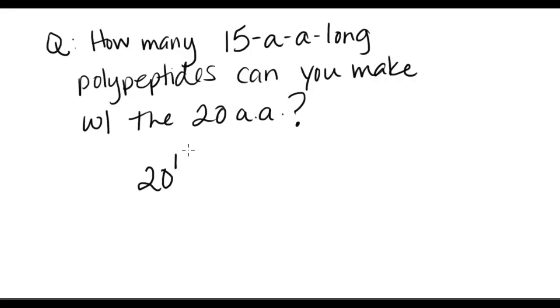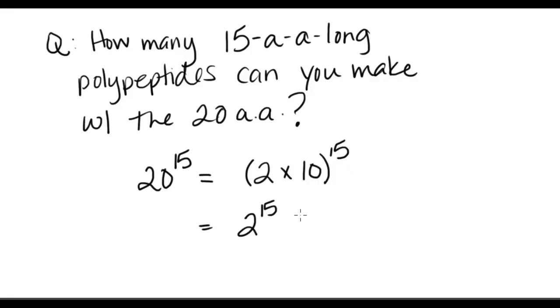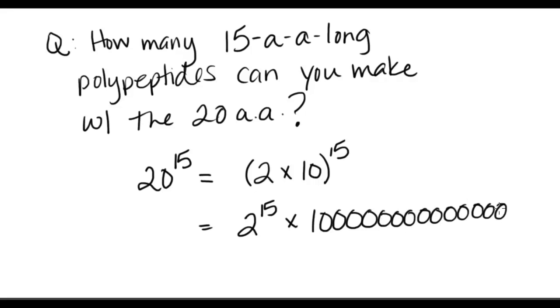If you answered 20 to the 15th, or 20 times 20 times 20 times 20, 15 times, then you're right. And you may have taken it a step further and reminded yourself that that's going to equal 2 to the 15th times a 1 with 15 zeros behind it. Or in other words, a really, really, really big number. Lots and lots of possibilities.